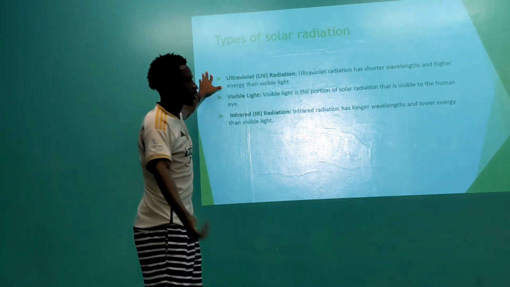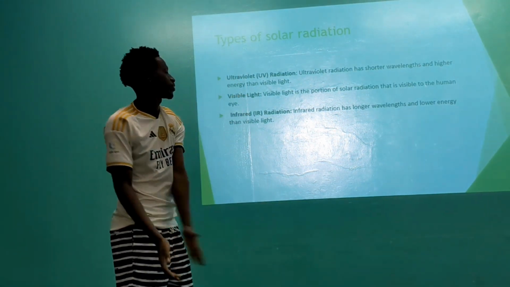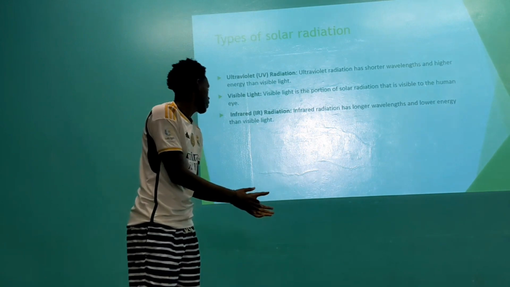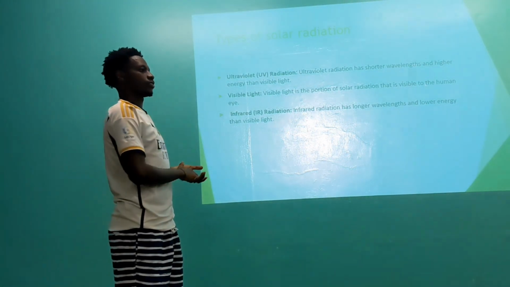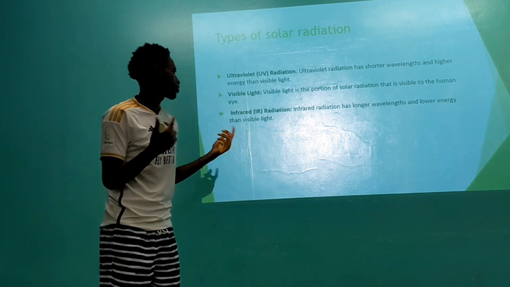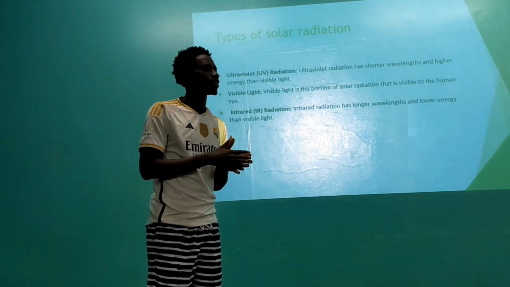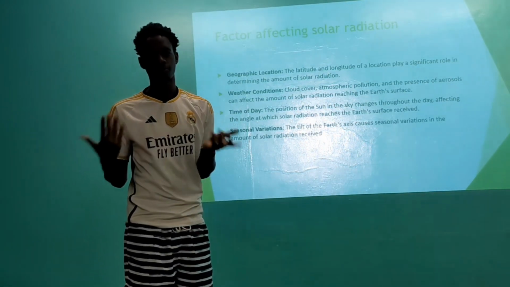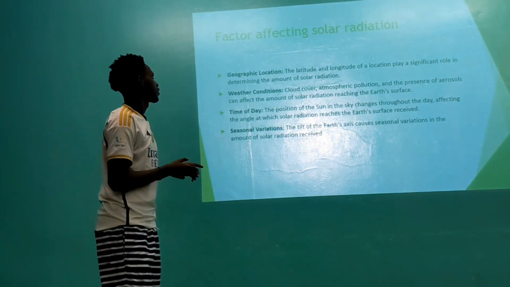And also our group has seen the types of solar radiation. We have seen ultraviolet radiation, visible light, which is visible to the naked eyes, and also infrared radiation.